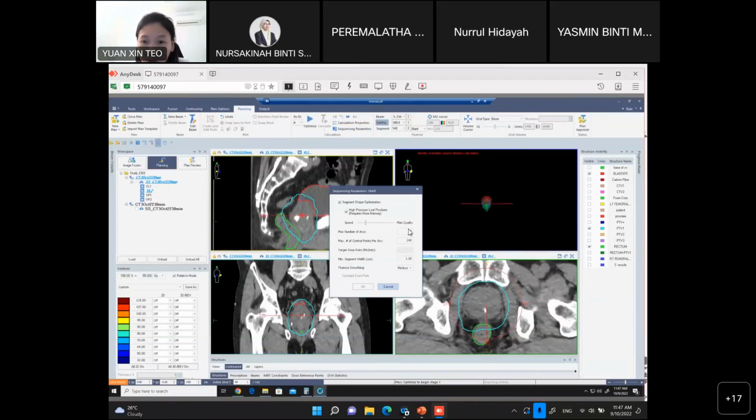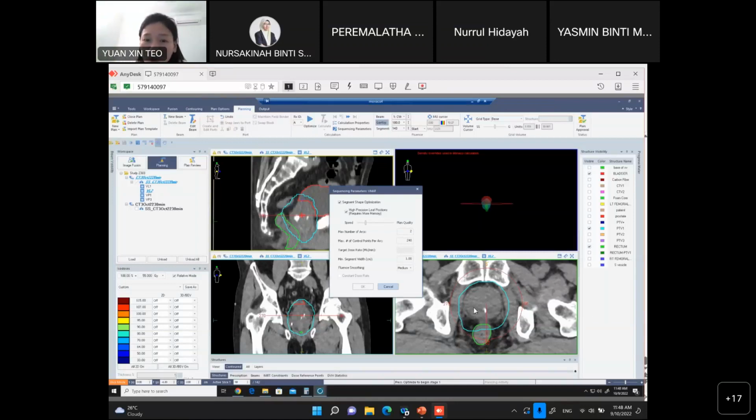One beam equals 2 arcs. Means when the treatment delivers, we will perform 180 counterclockwise to another angle, and then the other one clockwise. Okay, so means 2 full arcs for the treatment delivery.